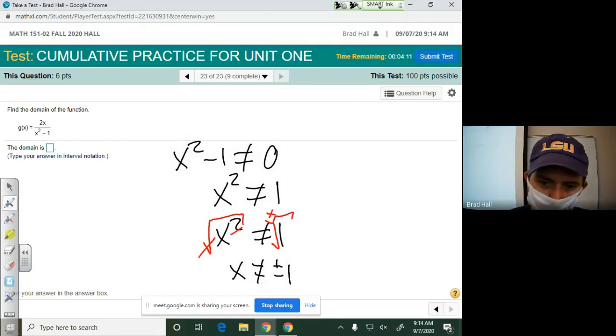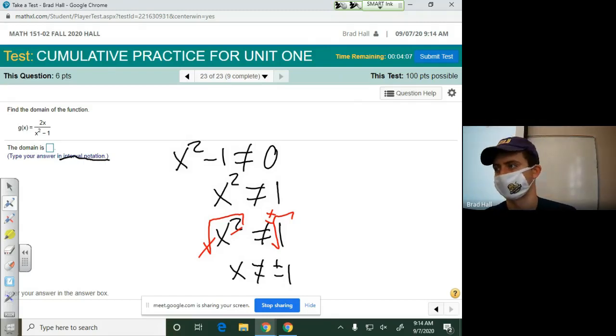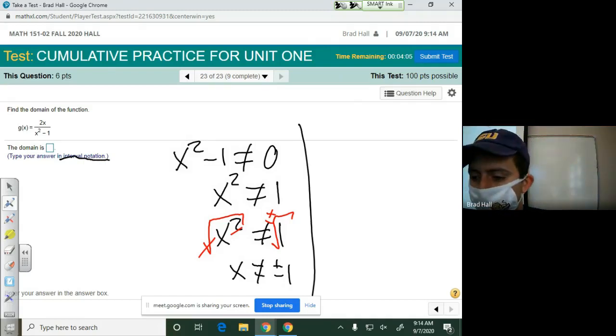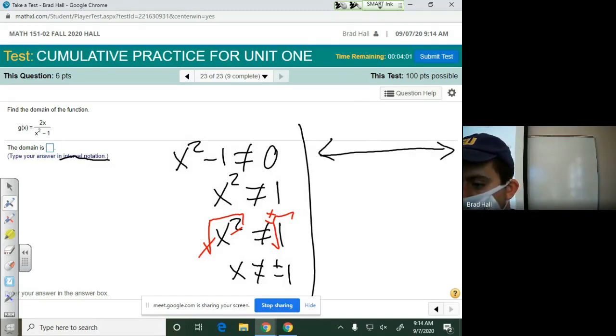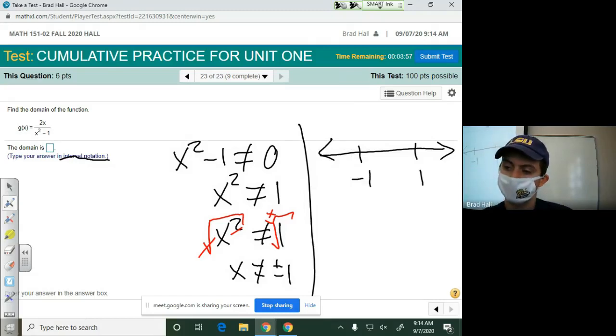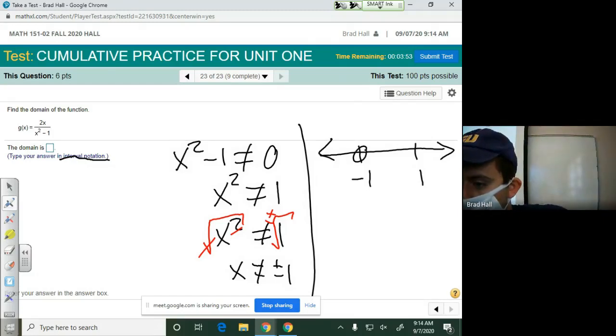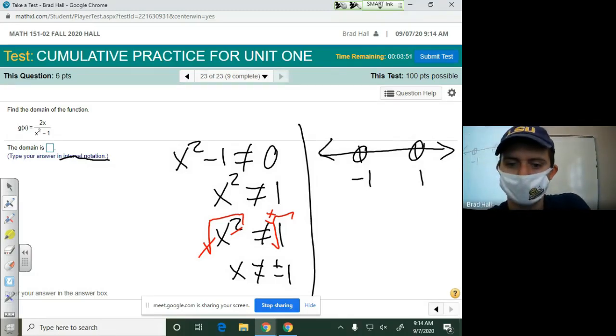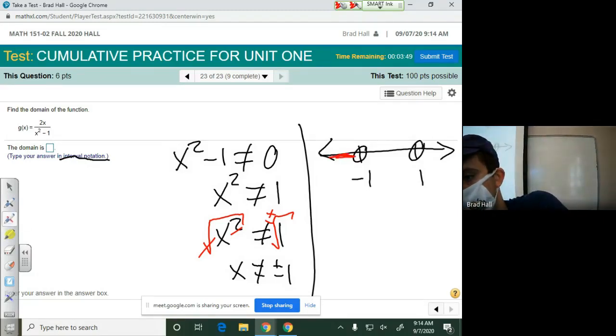But, of course, take it a step further with interval notation. So the two values that we are excluding are -1 and 1, which means naturally everything else is fair.